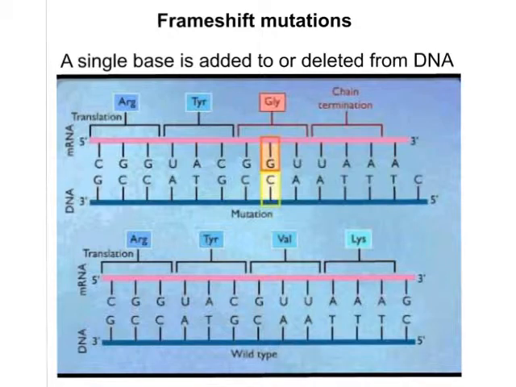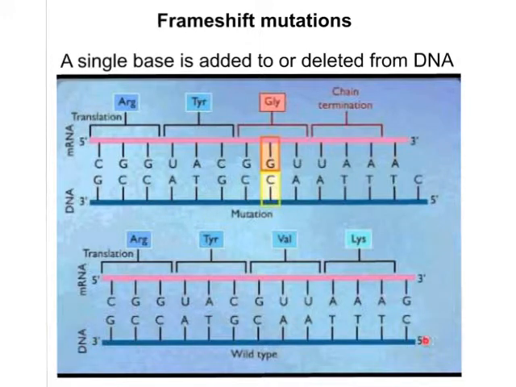Another kind of mutation is called a frameshift mutation. In this mutation, a single base is either added to or deleted from the DNA. And just as an example here, we have this base pair, and it has been added to the genetic material.